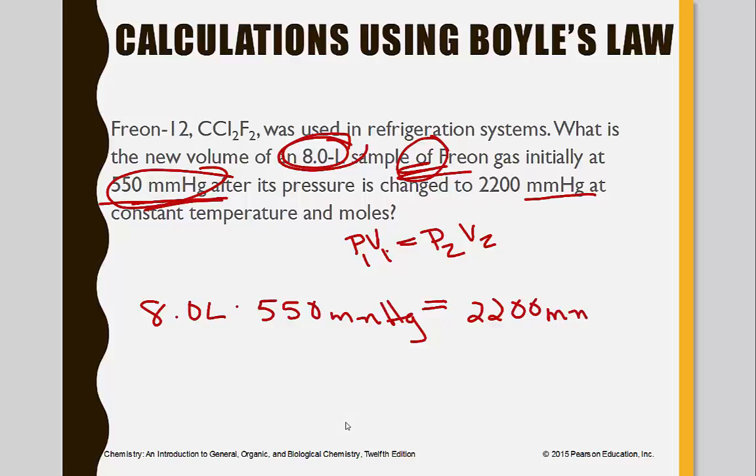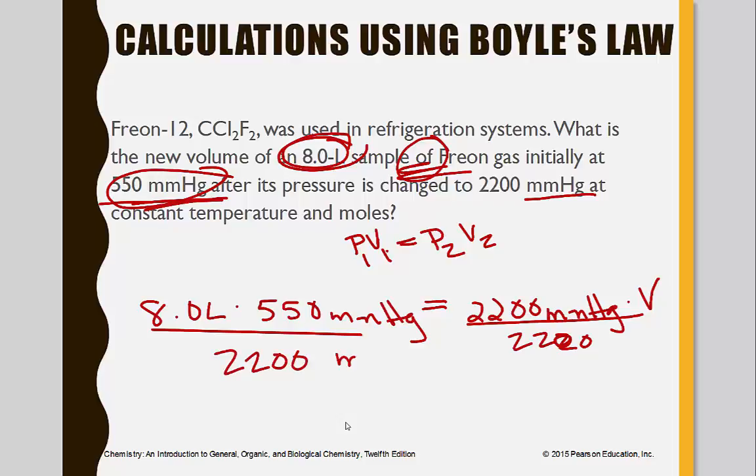They want to know the new volume. So 8.0 times 550, and then we divide by 2200 to get rid of the millimeters of mercury on the right and be left with volume. That comes out to be 2.0 liters.